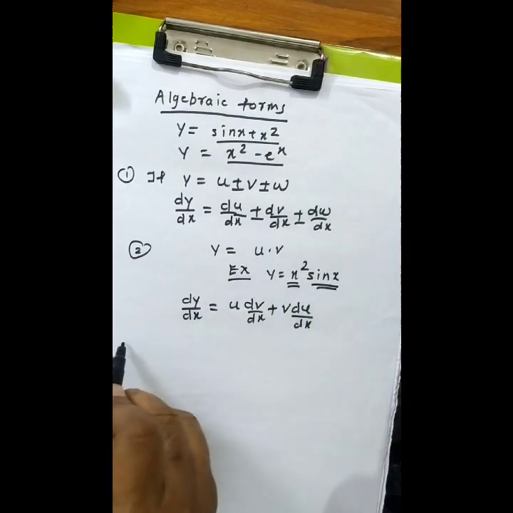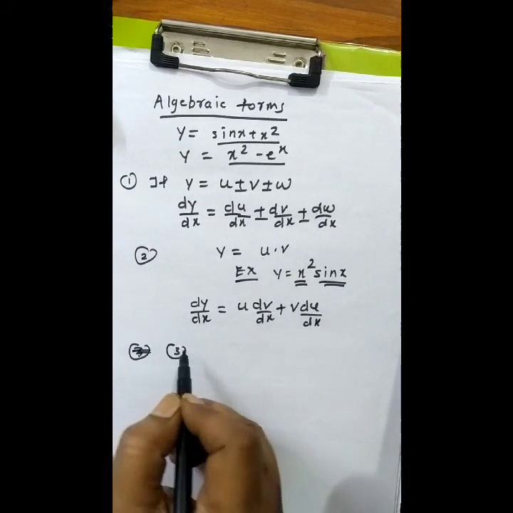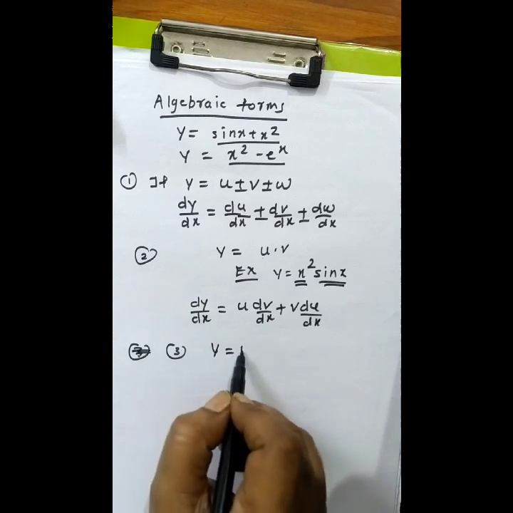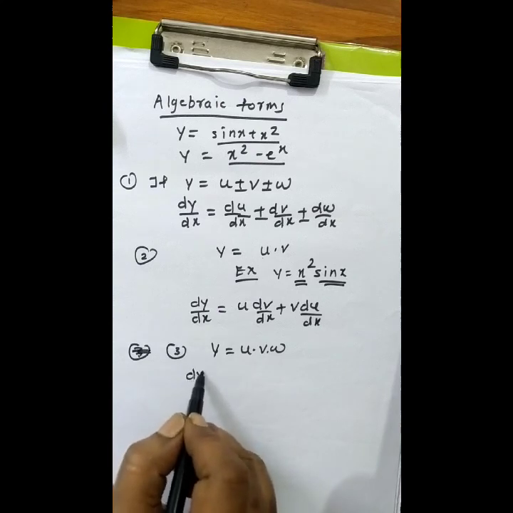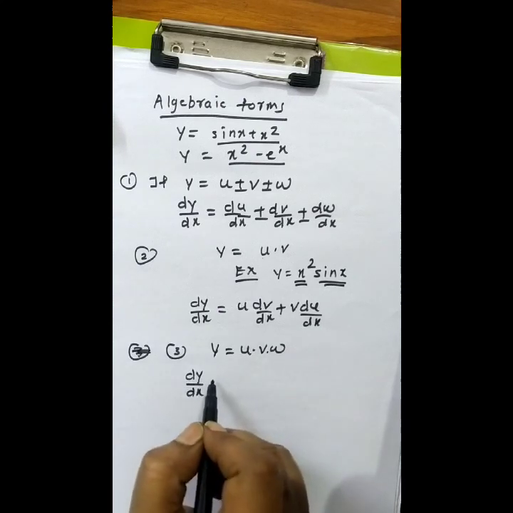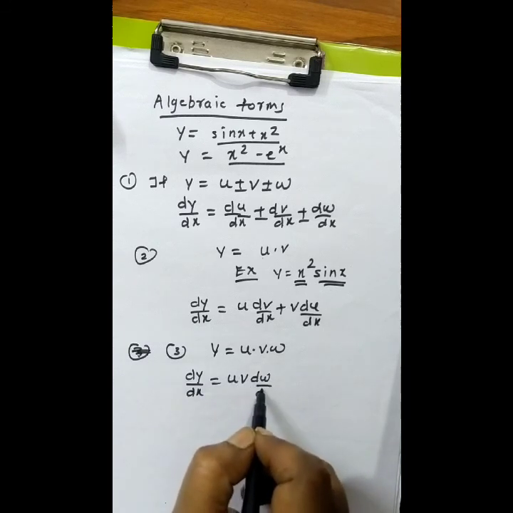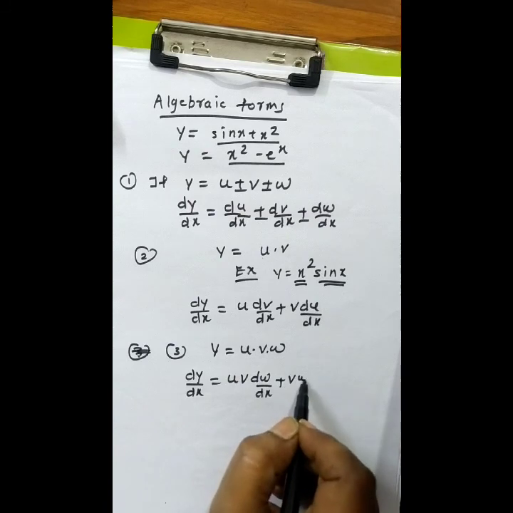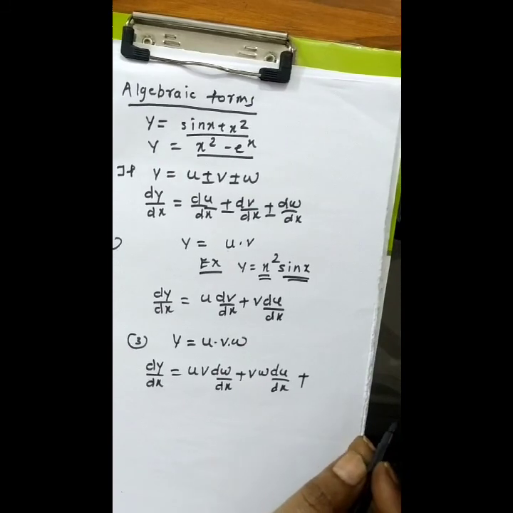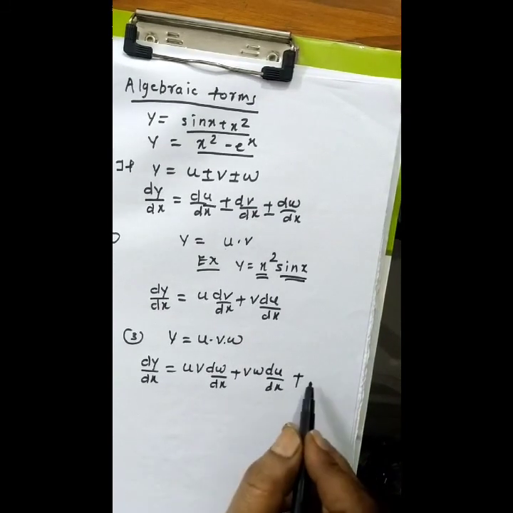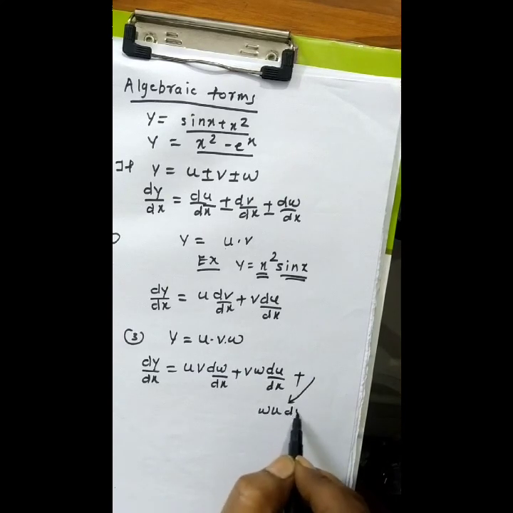Then we come to the third algebraic formula. If it is a product of three functions like y equals u into v into w, then dy by dx equals, first you keep uv as it is into dw by dx, plus next vw as it is into du by dx. Next plus you keep wu as it is into dv by dx.